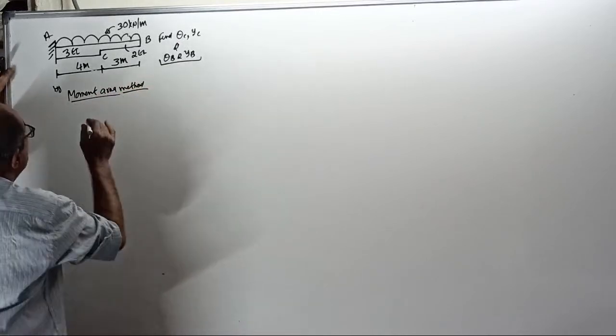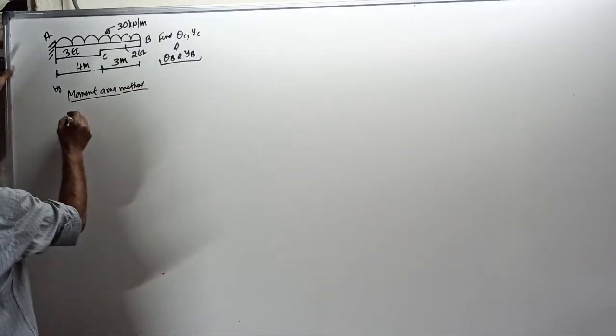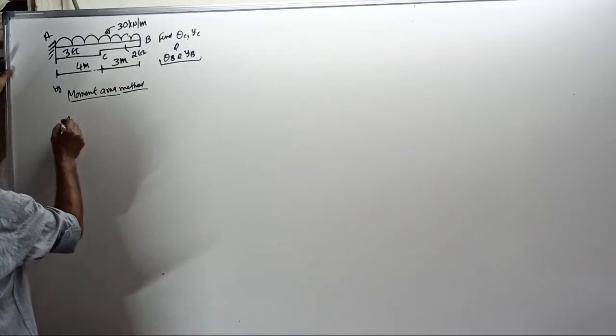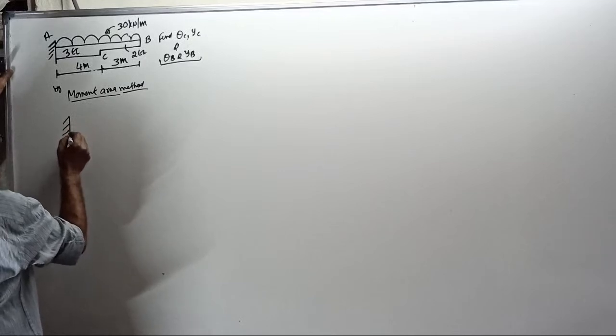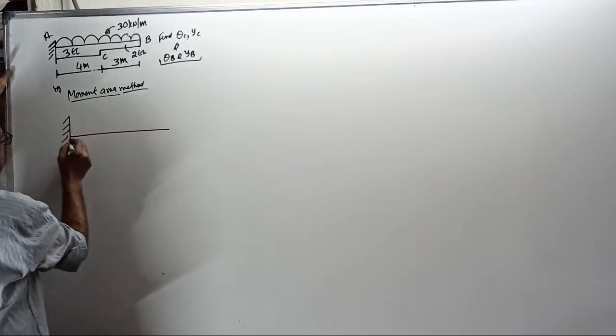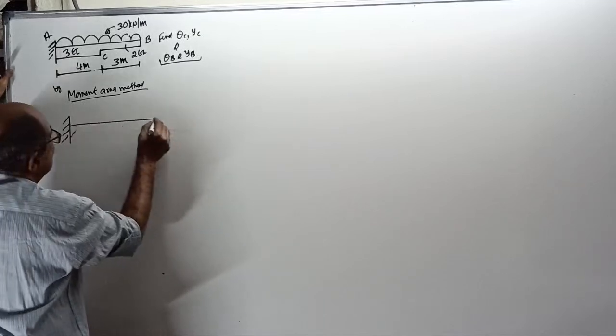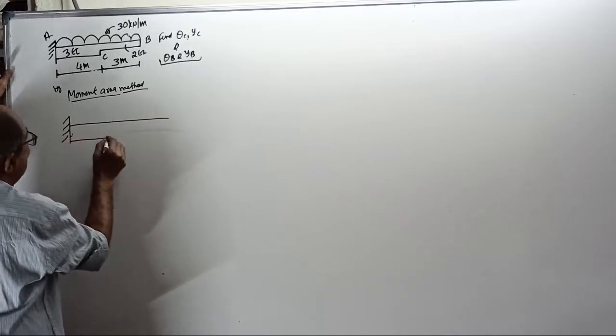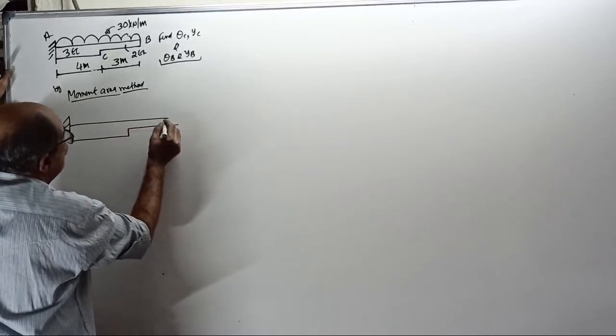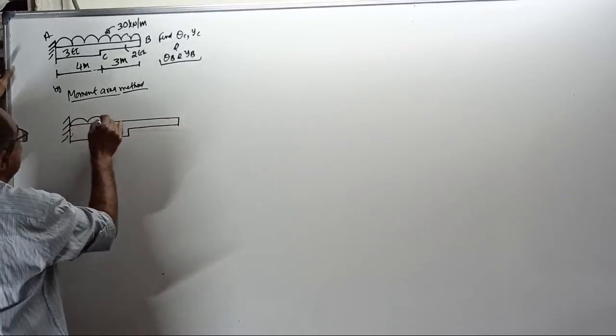Now, draw the bending moment diagram. For that, I will draw once again. The beam is like this. Shortcut lastly, so you should give the correct answer now. This is a beam subjected to UDL.